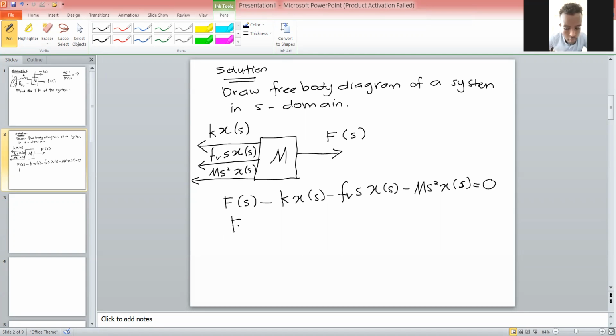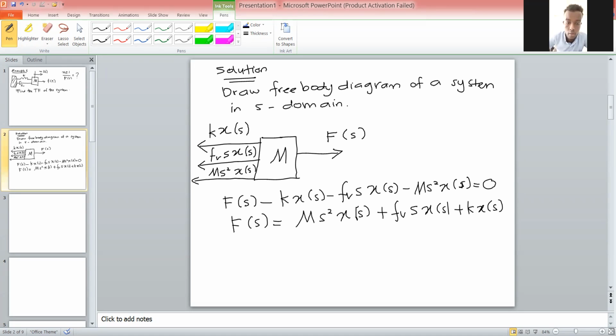So FS equals M S squared XS plus FV times S XS plus K XS.